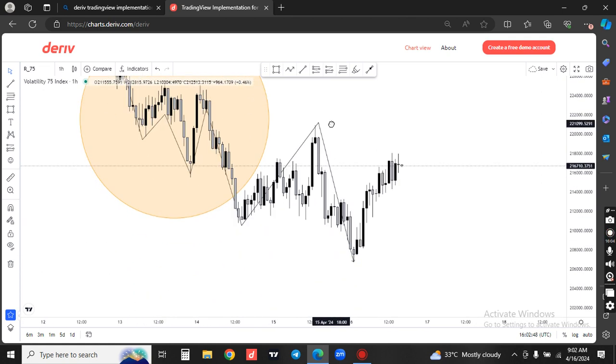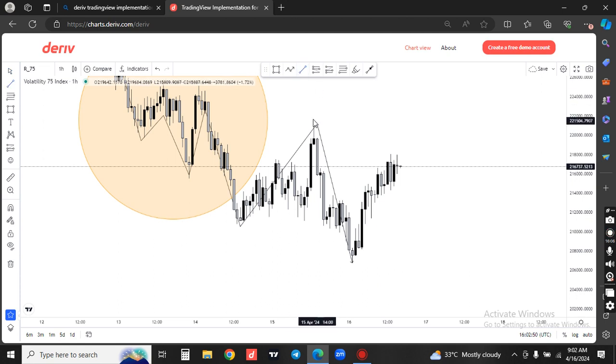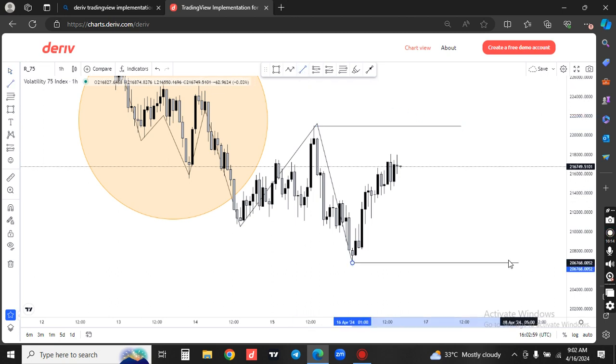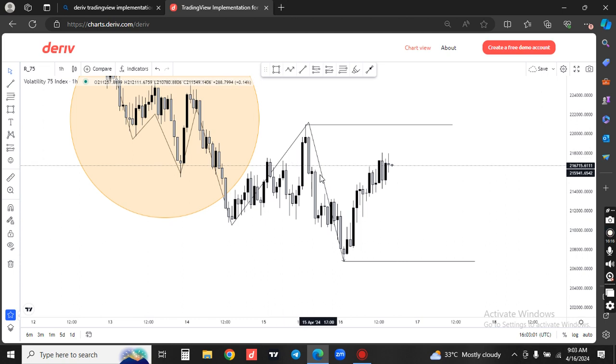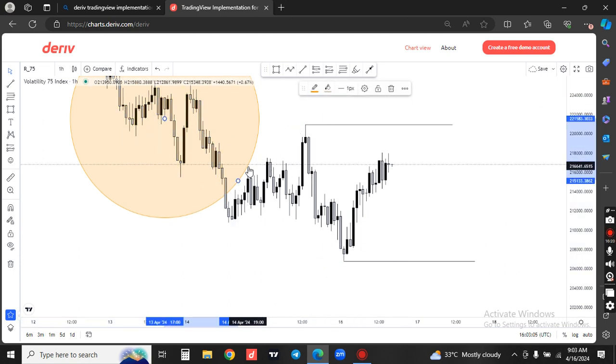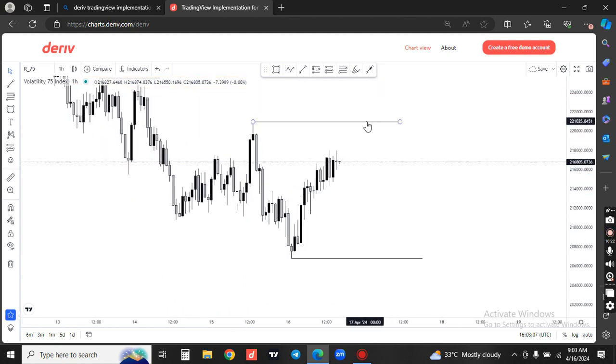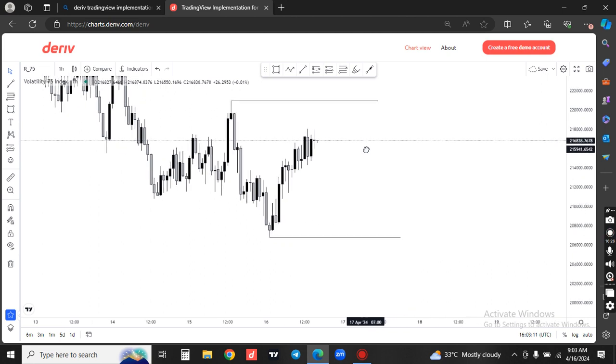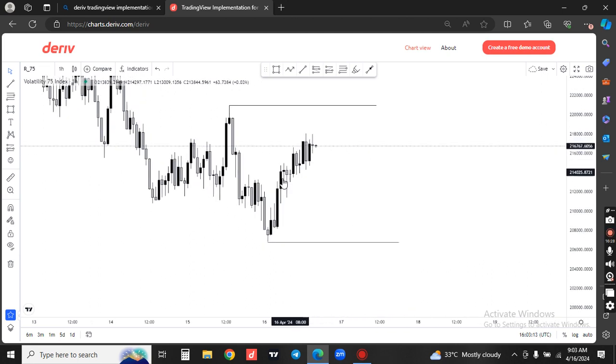Then at this place, what do we have? We have the last high here, and the last low here. This becomes our range. This is the range where we are trading from. This is the internal range. So what do we expect?